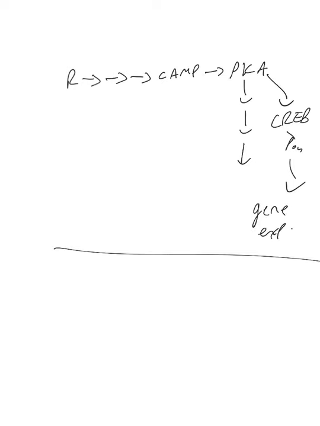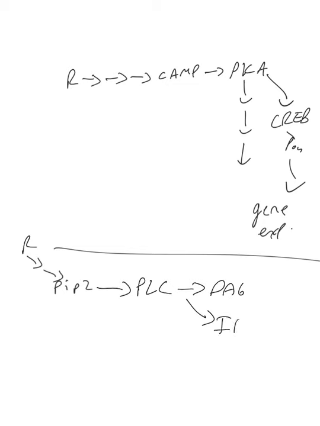We also covered this idea of PIP2 being acted on by some upstream signaling pathways involving also a receptor and a ligand. And then we saw how PIP2 can activate phospholipase C, which can produce diacylglycerol and IP3.